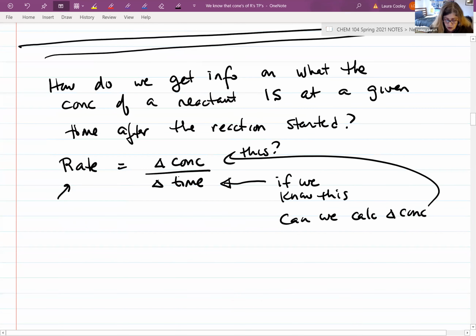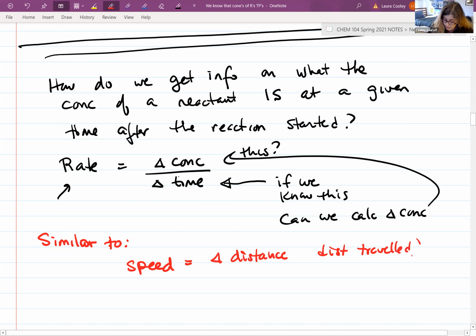I'd like to compare this to something very similar that you're much more familiar with. We know that speed, velocity, is the change in distance traveled, delta distance, over the change in time.